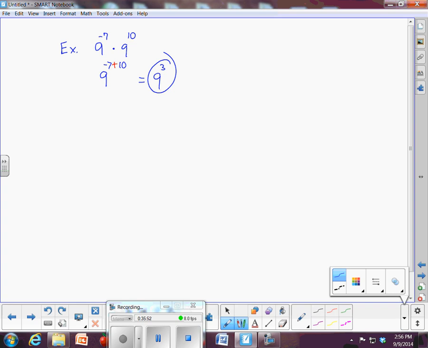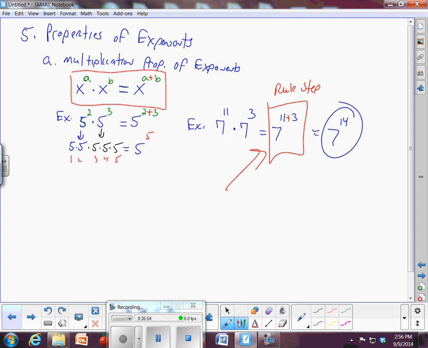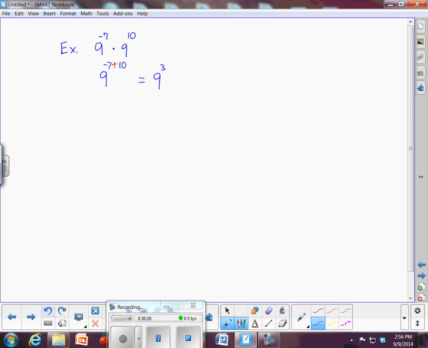So this is a shortcut. Again, let me back up a second. When you have the same base, when you're multiplying with the same base, you add the exponents. Okay?